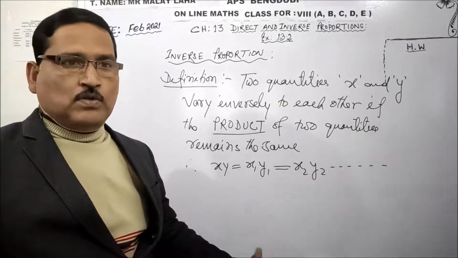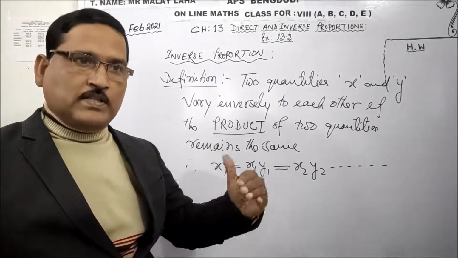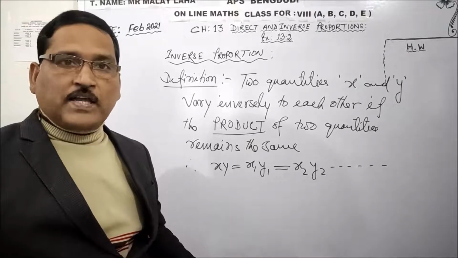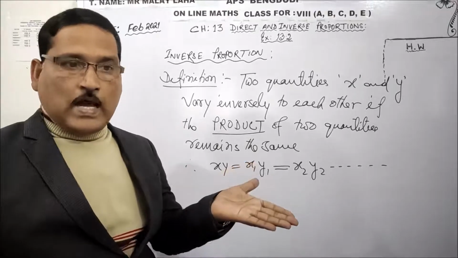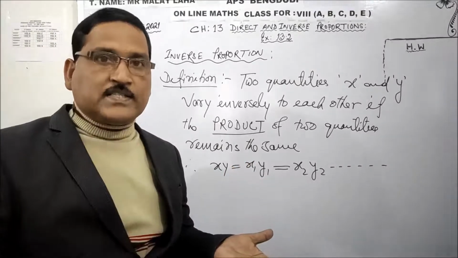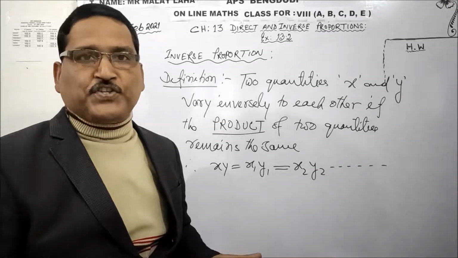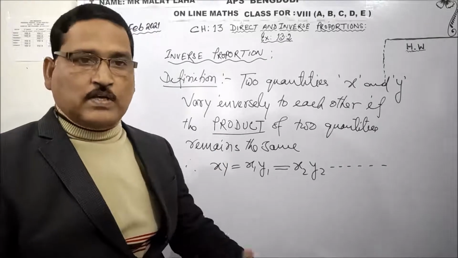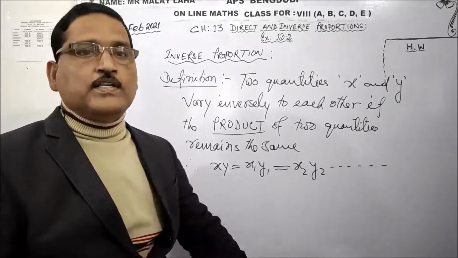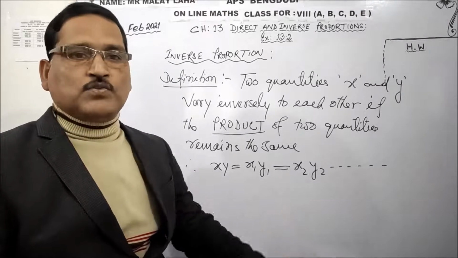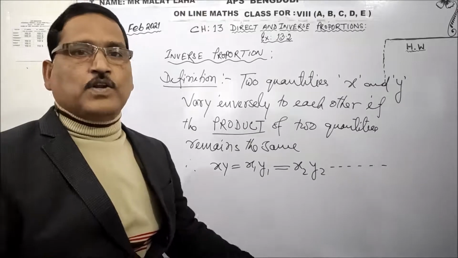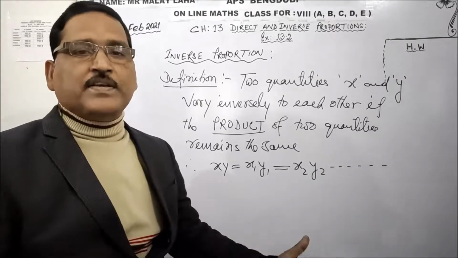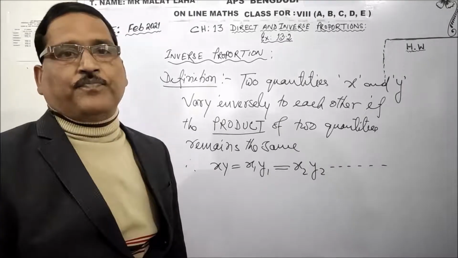Inverse variation is when one side is increased and the other side has to decrease proportionately. To get the result, we find the product of the first two quantities, the second two quantities, and the third two quantities. In every case, it will remain the same.